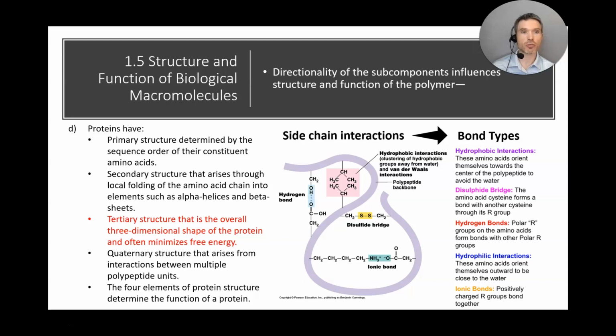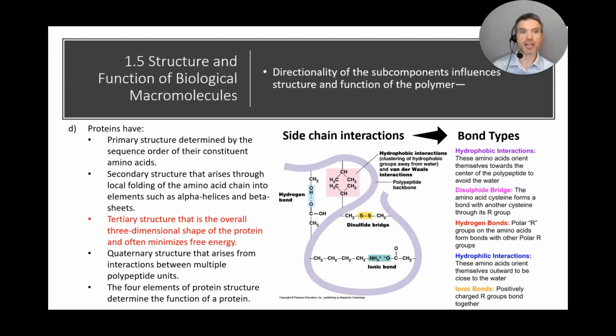None of the other 3 macromolecules have sulfur. If you have 2 sulfurs near each other, they are going to form a disulfide bridge. Hydrophilic interactions, these particular amino acids are going to go to the surface of the protein. In ionic bonds, this is where you have positive charged R groups and negative charged R groups that are going to interact with one another.